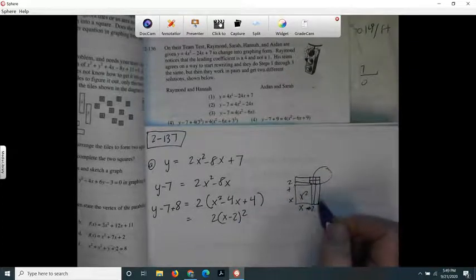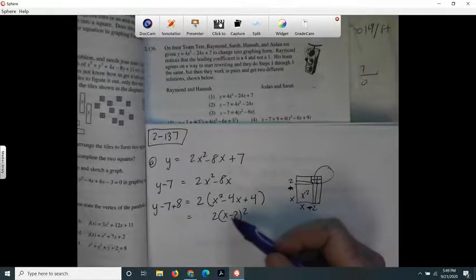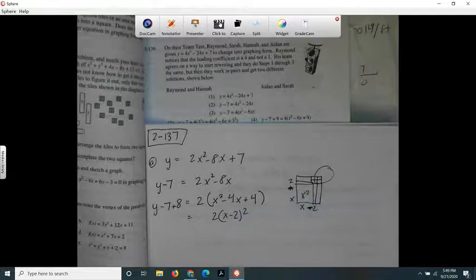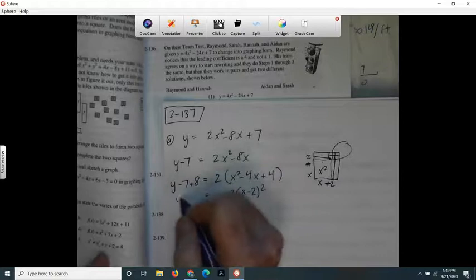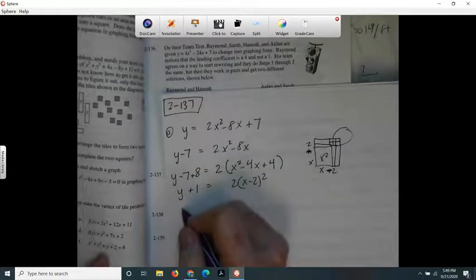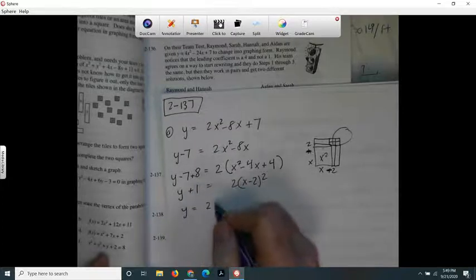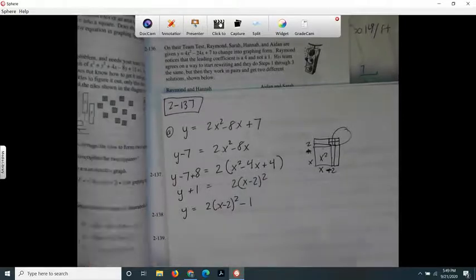These are negative x's. So that's why this is x minus 2 squared. Okay, and then negative 7 plus 8, that gives me 1. So then I get y equals 2 times x minus 2 squared minus 1.